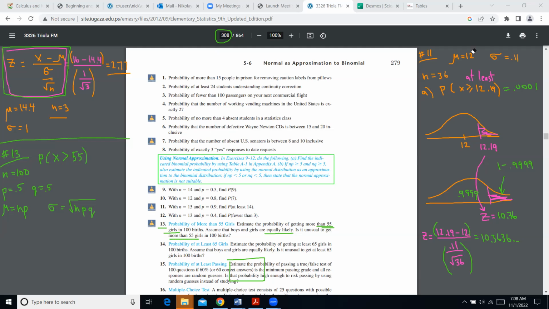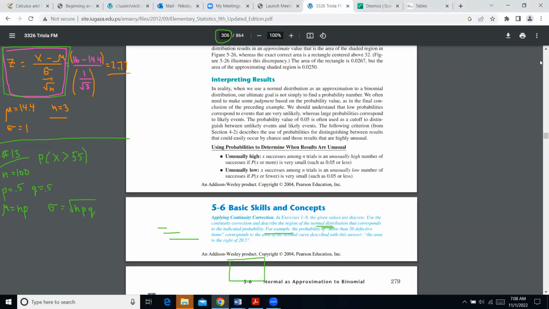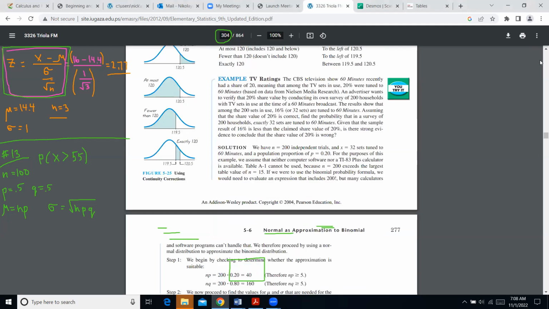In this section, they added these two formulas to the story that we already saw previously, because with these two formulas, now we can approximate what's happening here with a normal distribution.